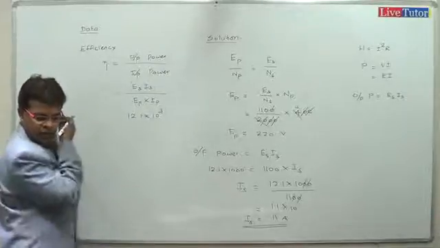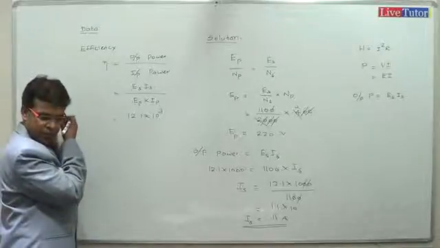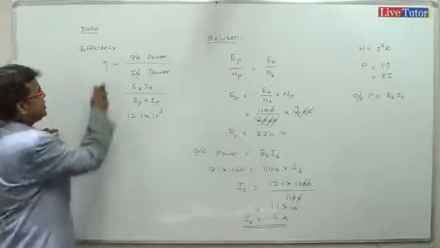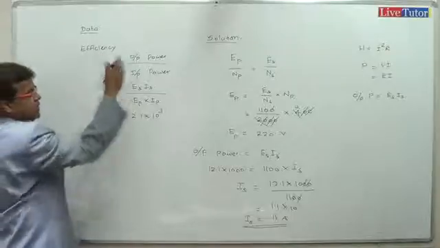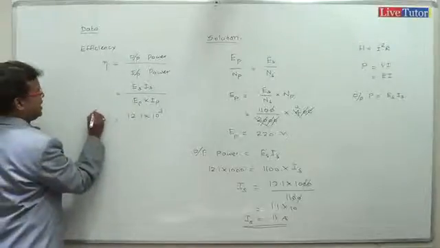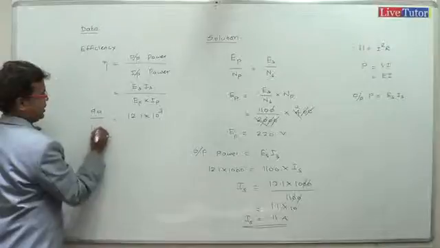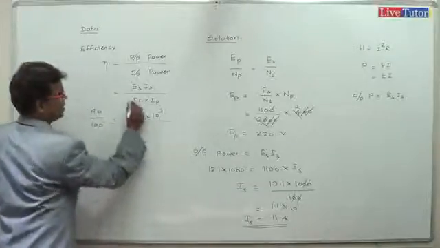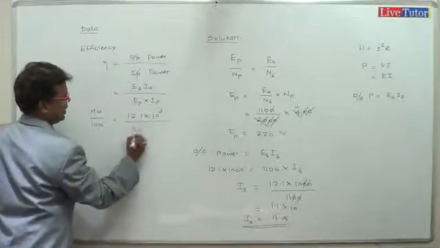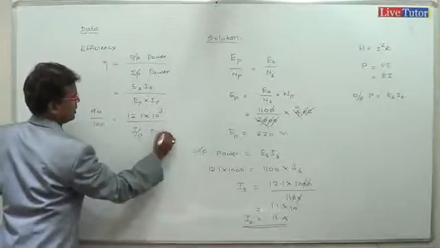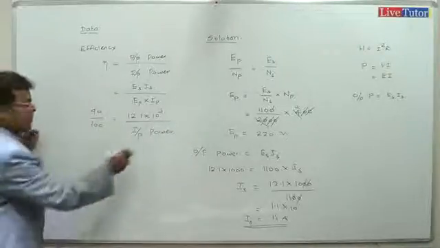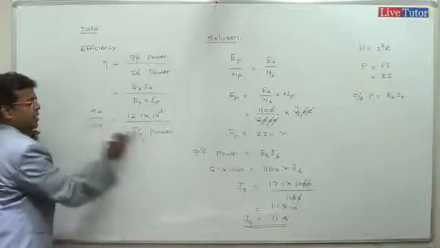And to find out the input power, we can use this. Since eta is given as 90%, I will write it as 90 by 100 by input power. Okay. Now from this I can cross multiply it.